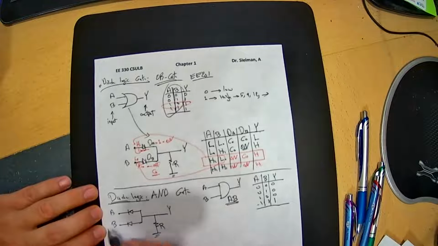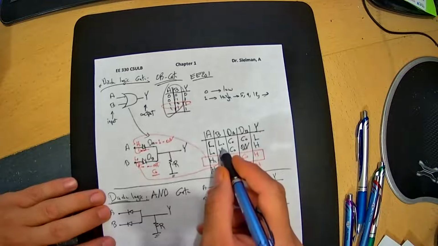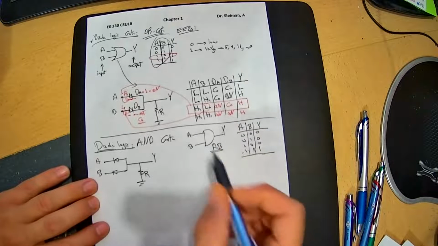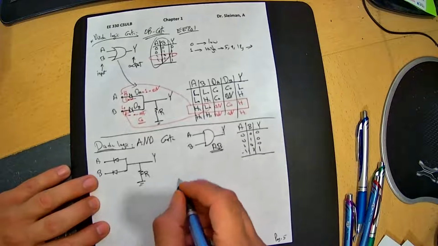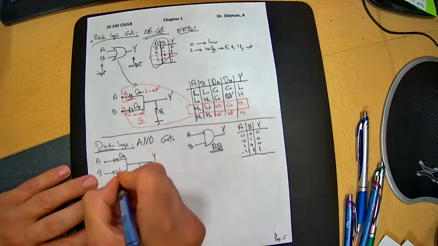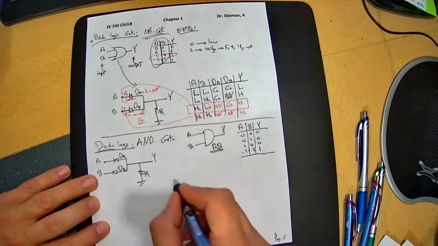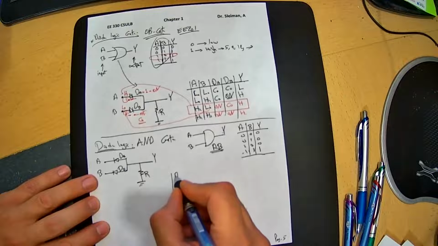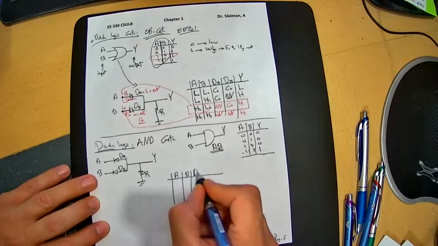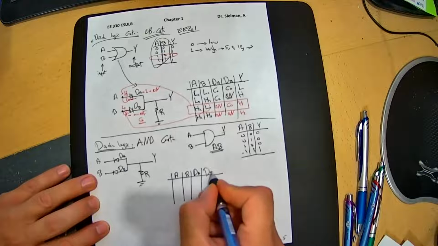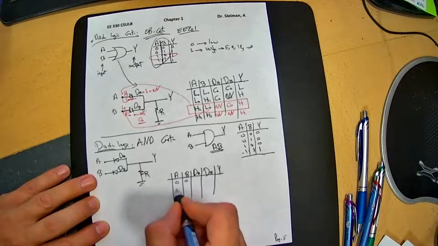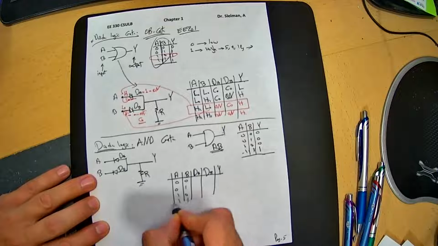This is A, B. We're going to do the same thing we did with the elaborated truth table. So we have A, B, DA, DB, and the output: 0,0, 0,1, 1,0, 1,1.